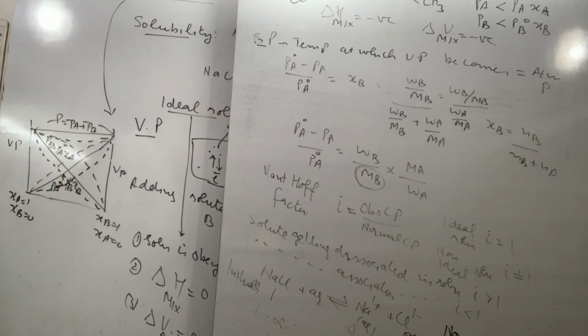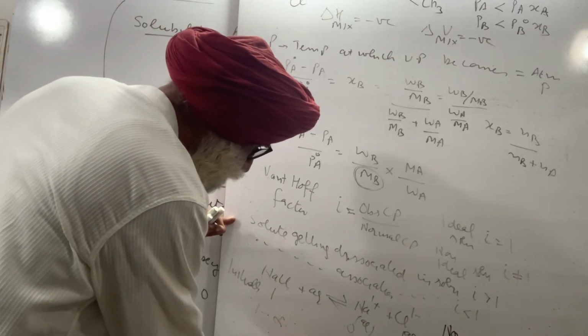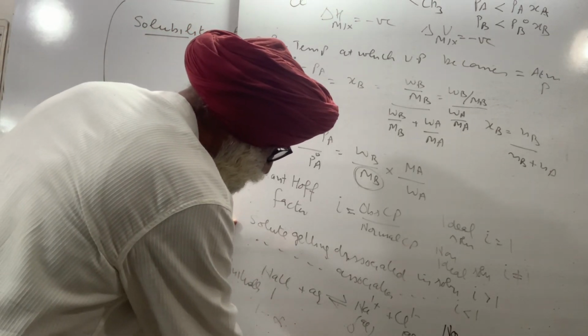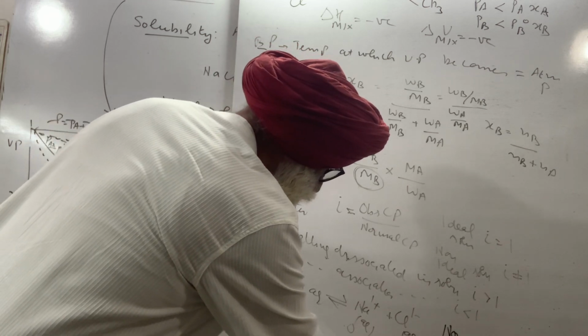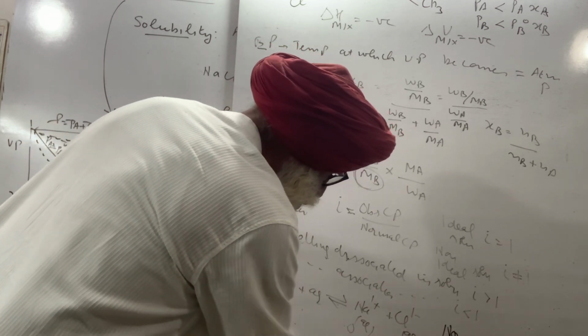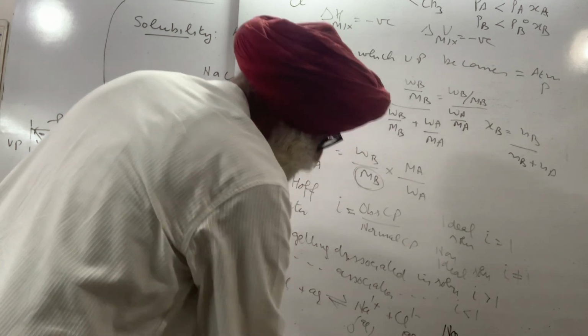So as a result, i can also be put in these terms: i is the normal molar mass of solute over the observed molar mass of solute.